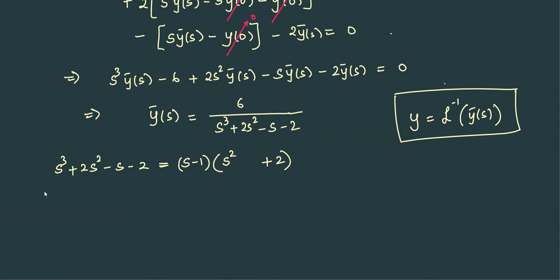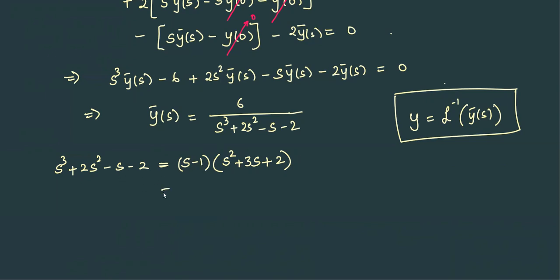The coefficient of s square is 2. So here we have minus s square. To get 2s square, we'll have to add 3s square. So now we can see here s cube minus s square plus 3s square will give us 2s square. Then 2s minus 3s will give us minus s minus 2.